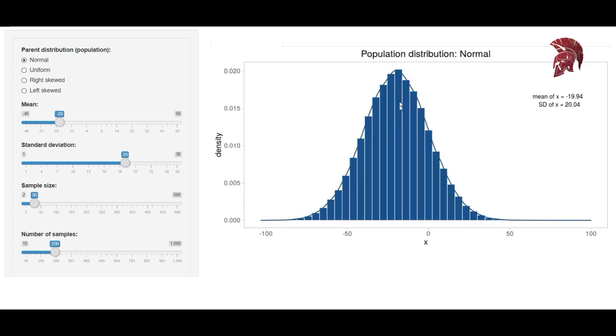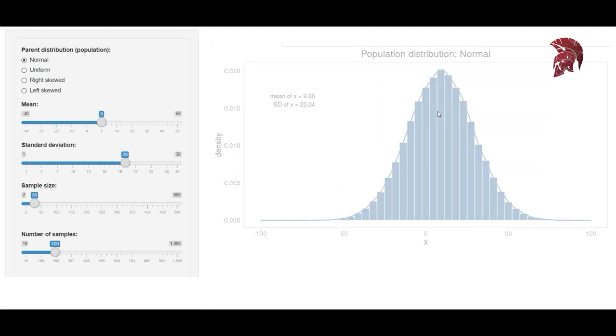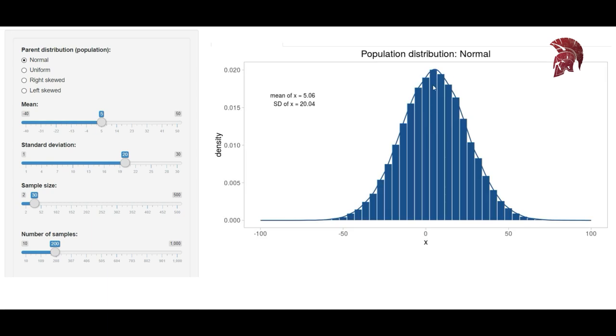You can see the peak is on minus 22, accurately minus 19.94, which rounds to minus 20. Now if I increase the mean to, suppose, 5, the distribution shifts to 5 and the peak is on 5. It is equal to 5.06, while the standard deviation has not changed.